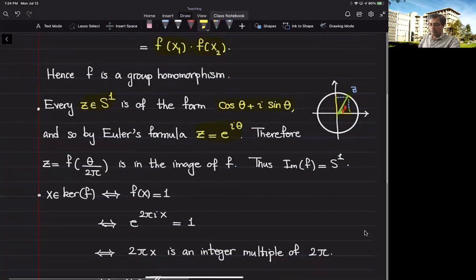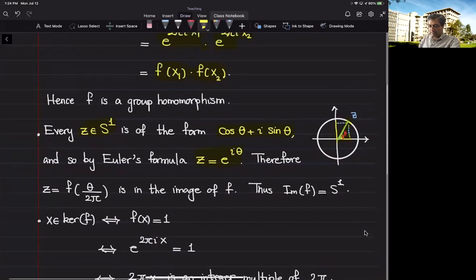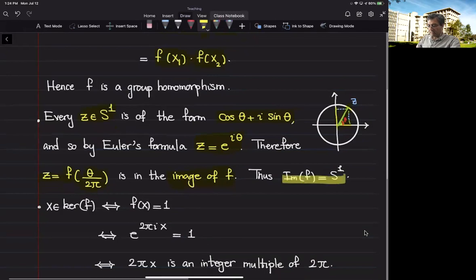Therefore, this z can be viewed as f of theta over 2 pi, because f of theta over 2 pi is e to the power 2 pi times this times i, and the 2 pi cancels out, and I get exactly what we wanted. So every z on the unit circle is in the image of f. So the image of f is again the entire codomain, and therefore f is surjective.